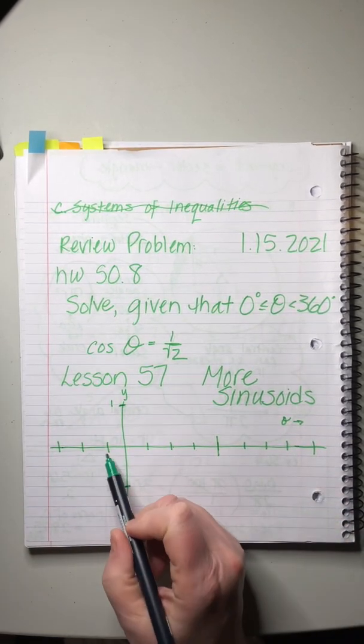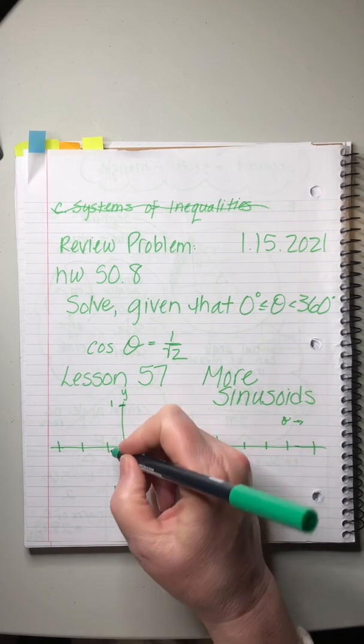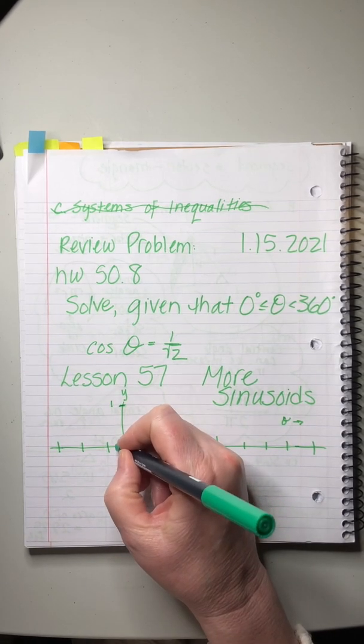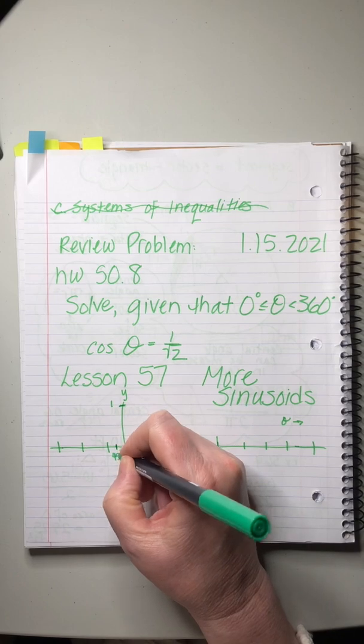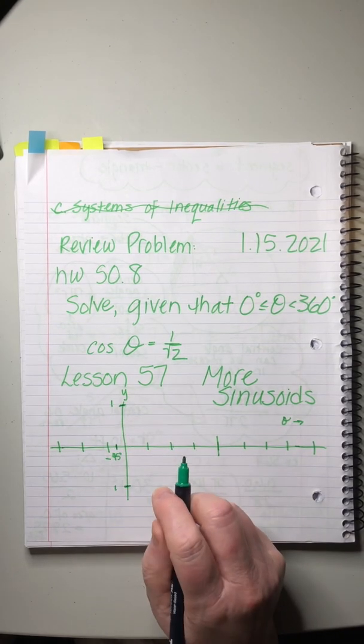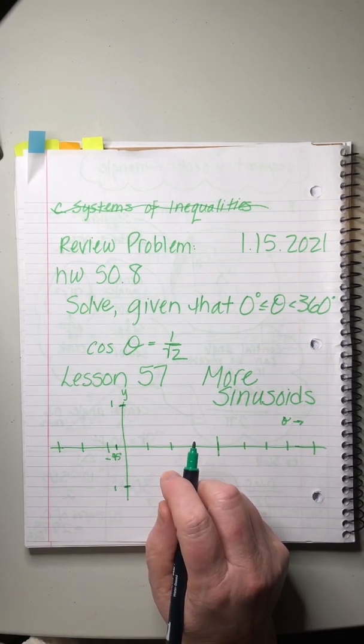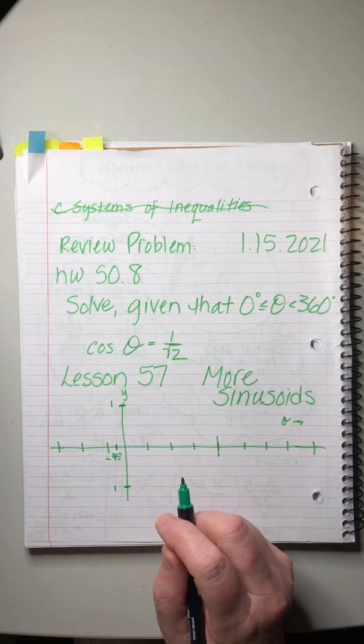Okay, now this is 90. So I'm going to make a special mark in here at about 45 degrees, negative. And I'm going to make another one.